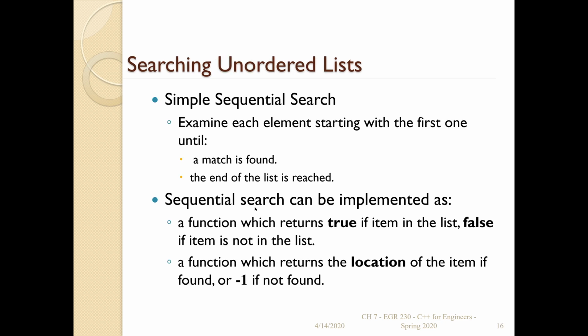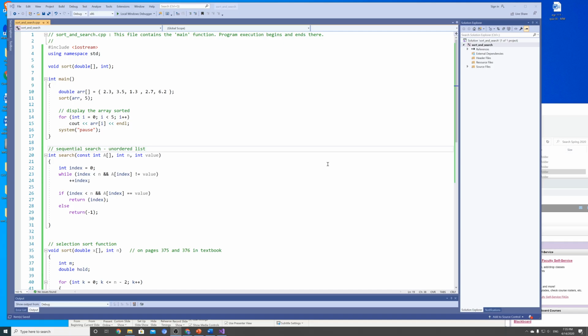All right. So we'll take a look at the code for this, and then we'll modify it for when the list is sorted. Okay, I just took it on page 377.